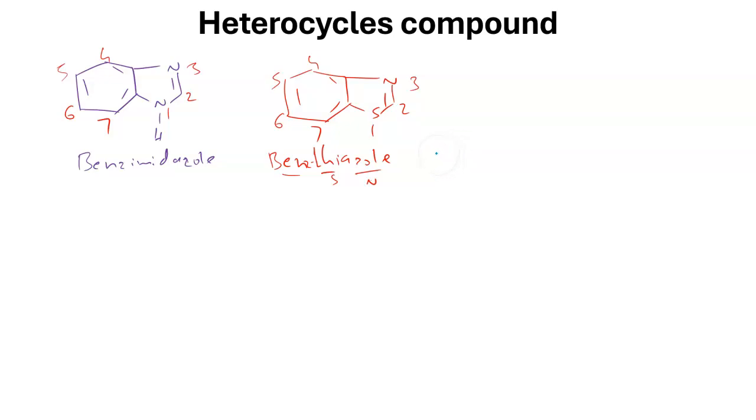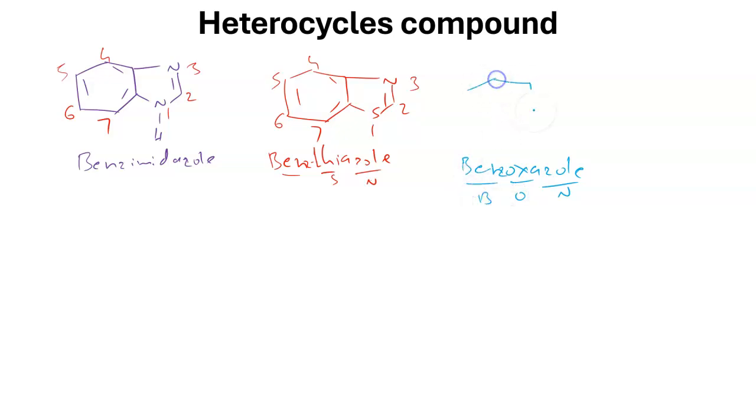For example, the name of the compound is benzoxazole. So azole again is for the 5-member ring with nitrogen, oxa is for oxygen, and benz is for benzene.